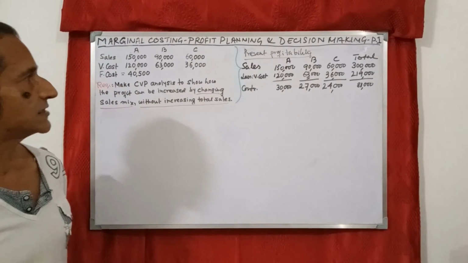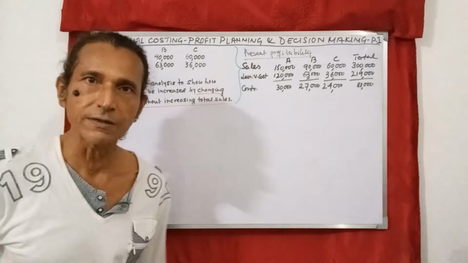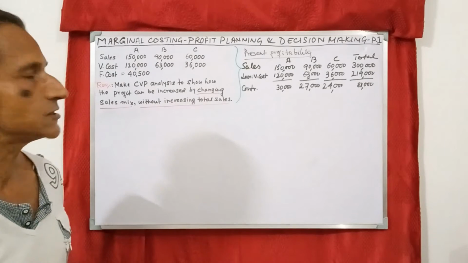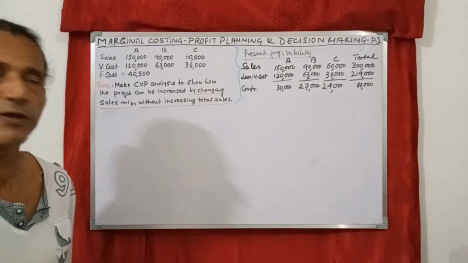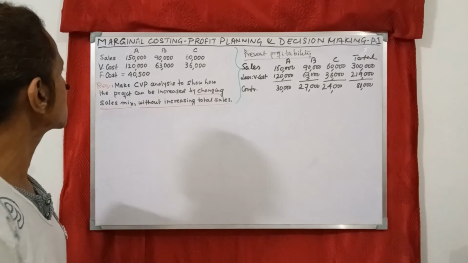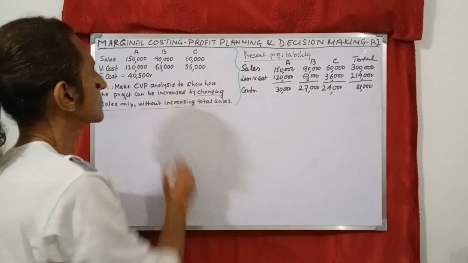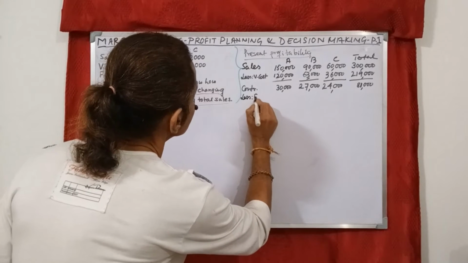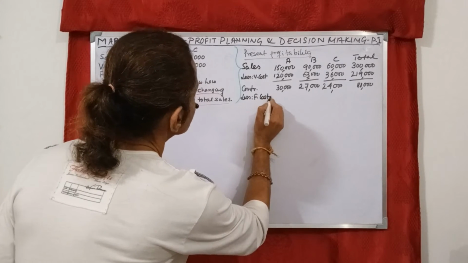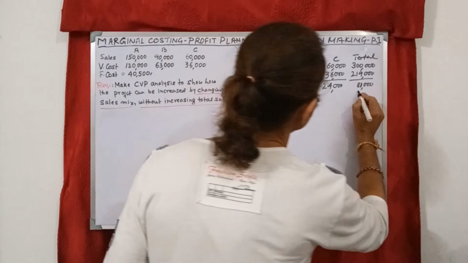Now sales minus variable cost is contribution, and contribution minus fixed cost is profit. So at this stage we shall deduct the fixed cost. And what is the fixed cost? 40,500. So less fixed cost. This is 40,500.